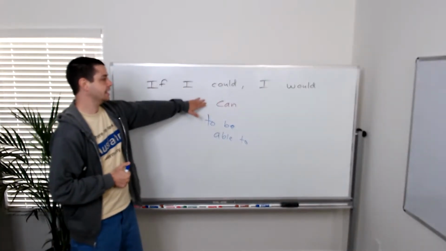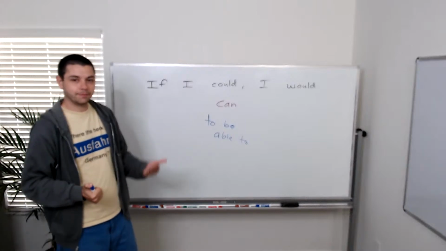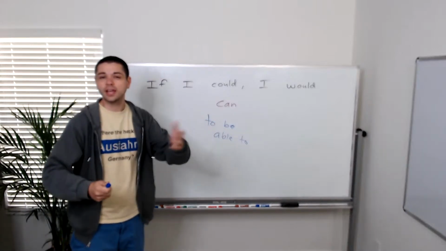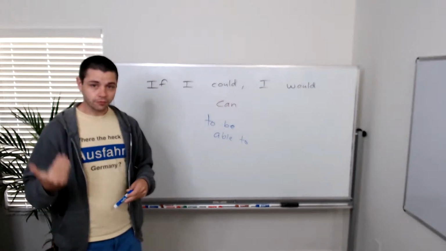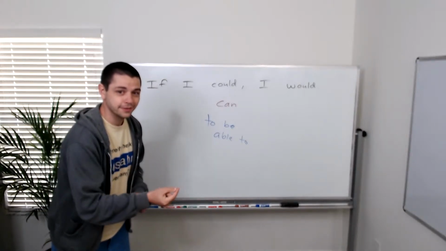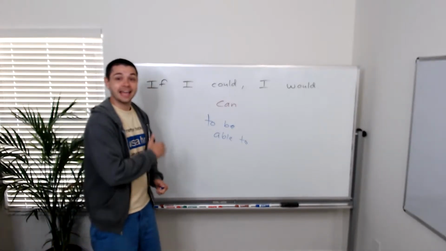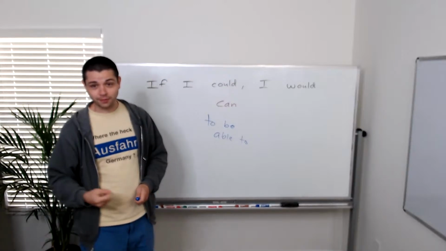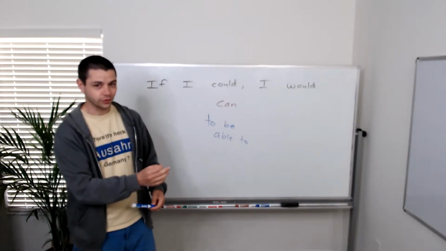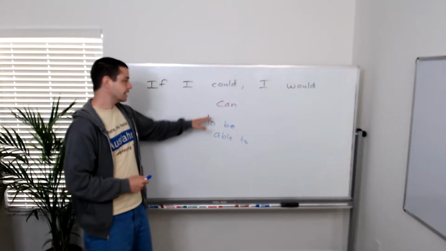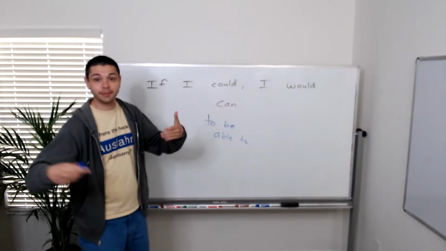Right? So can and could, these are from the verb to be able to. Like when we say, I run, this is from the verb to run. But when we say I can, this is from the verb to be able to. It's a special verb.